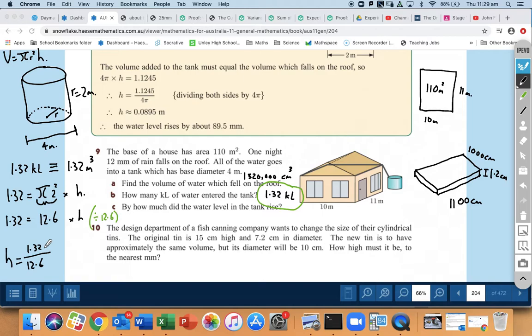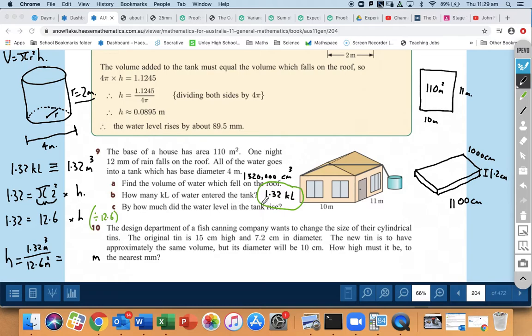Now remember, the 1.32 is in metres, and the 12.6 is also in metres because the radius was in metres. In fact, it's actually metres squared because we squared the radius. But I just want to point out that we're dealing with metres here, and so our answer for height is going to come out in metres.